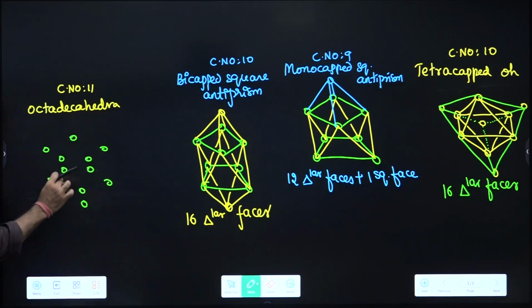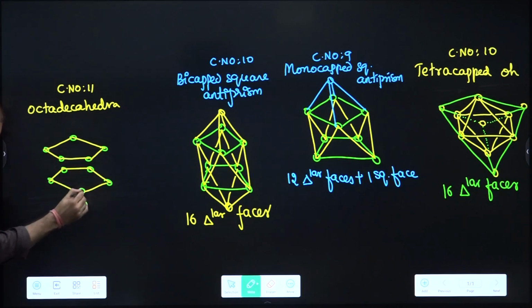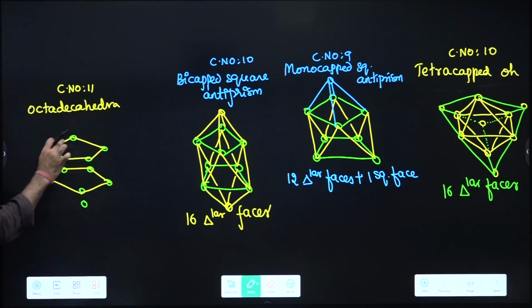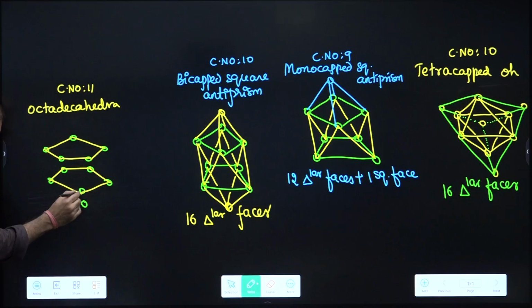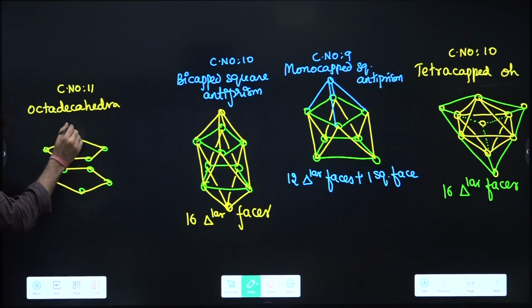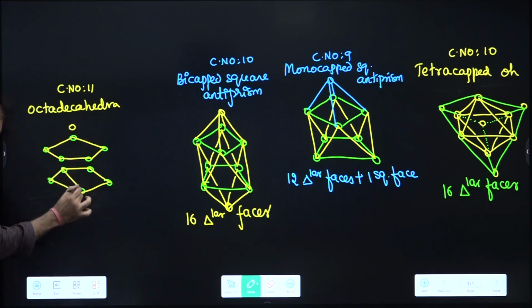Are you able to see all these dots? First draw 2 pentagons staggered to one another. This one I will keep above. Below you just join them. Finished up till this point.